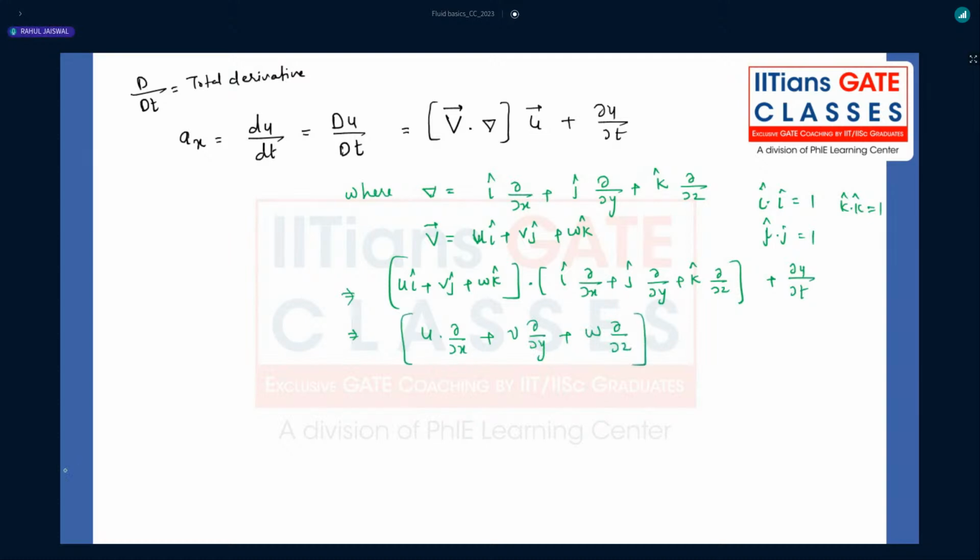These are the things that we need to multiply with u. So what will be there? u into ∂u/∂x plus ∂u/∂t already there, plus v into ∂u/∂y plus ω into ∂u/∂z plus ∂u/∂t. And the same expression you got on the previous page.